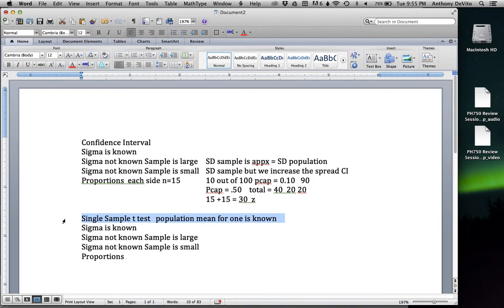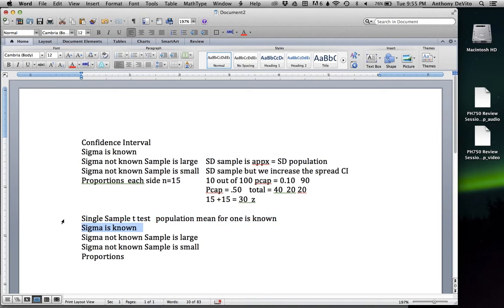But if it's outside that 95% confidence interval, we're saying that it's so far away from our sample mean that it's not likely, less than a 5% chance, that our true population mean for our sampled group is the same as for the other group where we know the mean. Okay, so that's kind of what we're doing there.